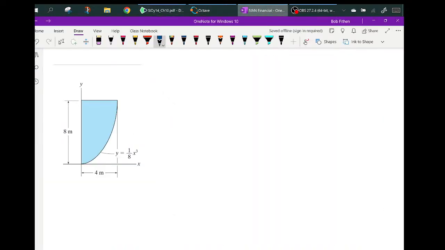So what I want to do is just do this problem in an interesting way, in which I'm going to find Ixx. Now, of course, I put them in here because it's y times y, or y squared, on x, y, there we go, y squared dA.